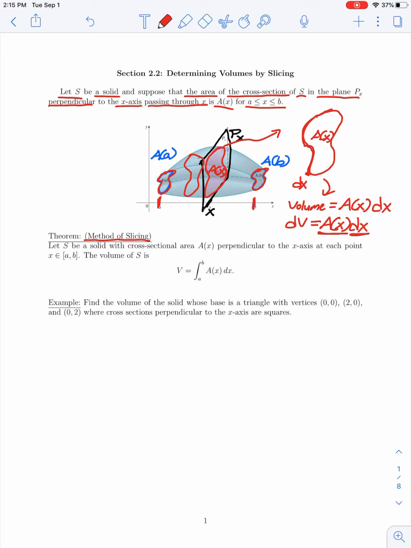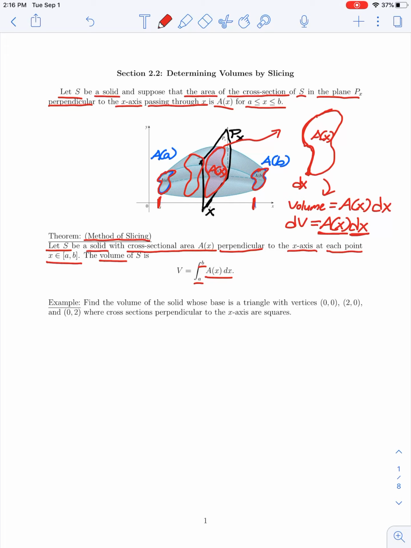So let's make this a little more precise. We could say if S is a solid that has a cross-sectional area, A of x, in a plane perpendicular to the x-axis, at each point x within some interval from A to B, then the volume of that solid region S is given by the definite integral from A to B of that cross-sectional area function, A of x, with respect to x.